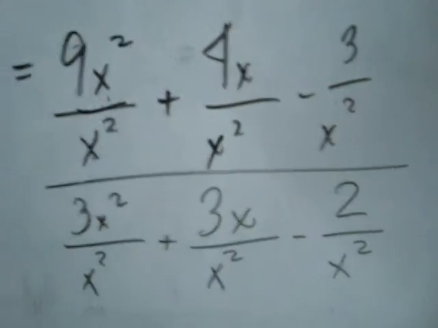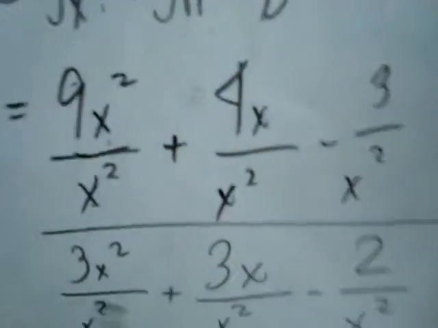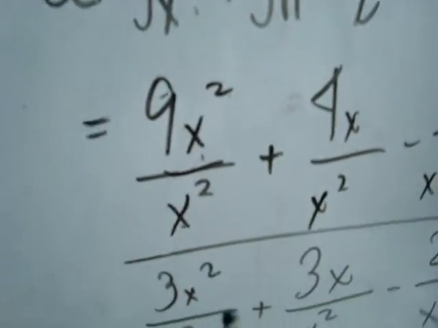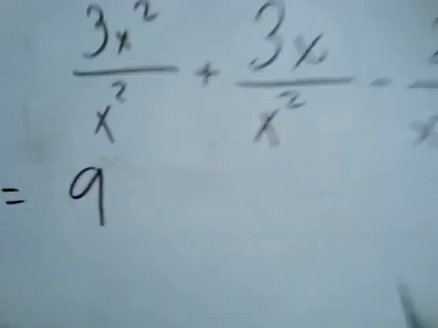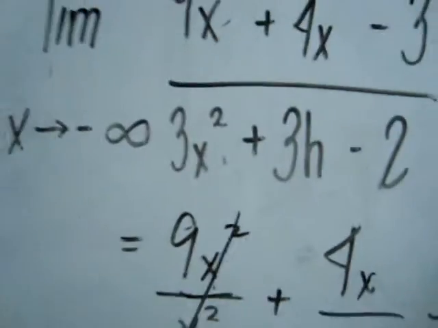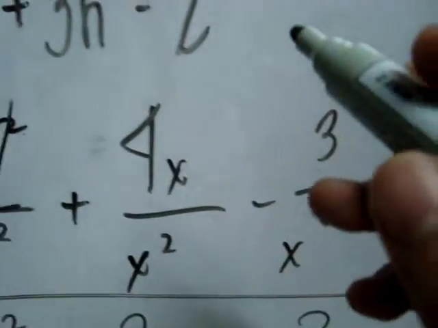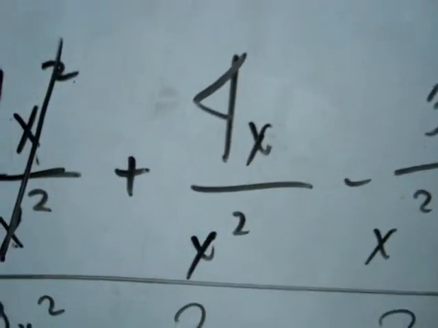Now I'm gonna solve for this problem. So 9x squared over x squared, I'll cancel x squared and x squared, and we got 9 here. And as we all know, x approaches infinity, it's equal to 0, so we have 4x over 0 here, so we have 0 here.